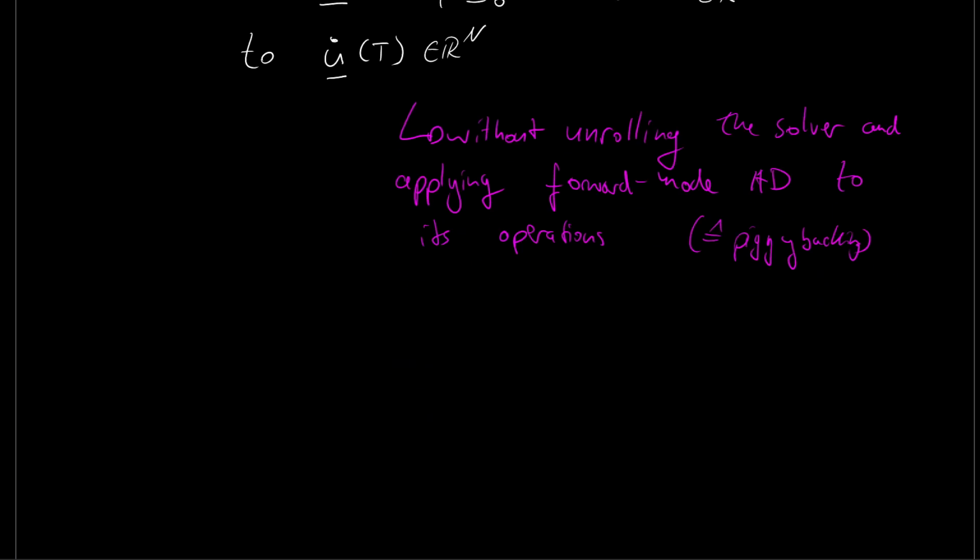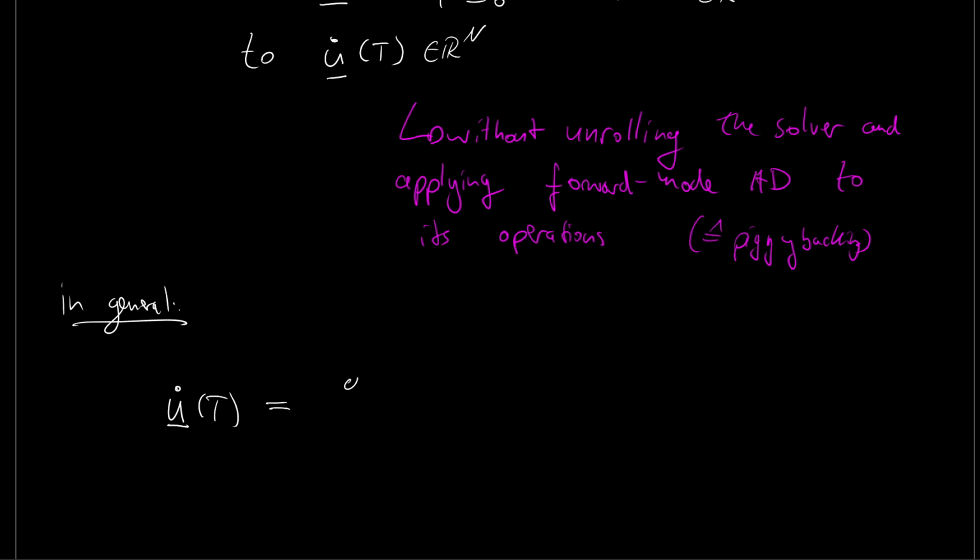The general push-forward or Jacobian-vector product rule would read the following. It gets the tangent on the output by taking all of the inputs, so we have 3 inputs, and deriving the Jacobian of the function, our wrapper integrator, with respect to that input, and then contracting over the tangent.